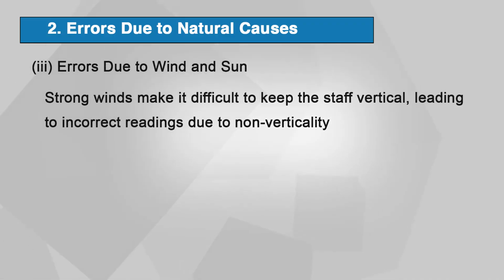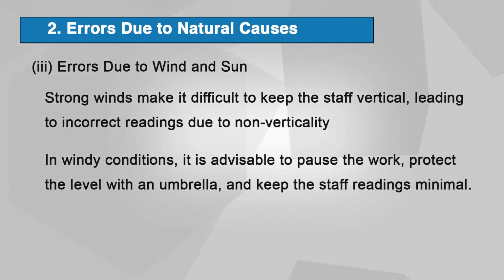Next is error due to wind and sun. Strong wind makes it difficult to keep the staff vertical, leading to incorrect readings due to non-verticality. Wind can also cause vibrations in the instrument, making it challenging to keep the level tube bubble centered. In windy conditions, it is advisable to pause the work, protect the level with an umbrella and keep the staff readings minimal.